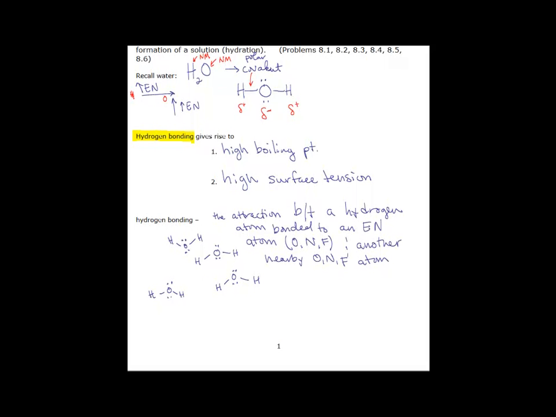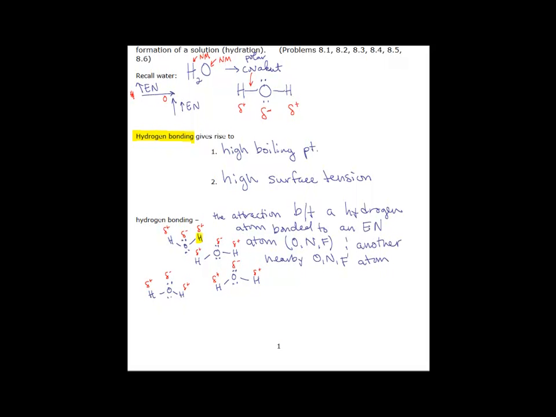Okay, I'm going to draw their polarities above them. So remember that the oxygen has a partial negative, hydrogen has a partial positive. All right, so let's look at this definition again. The attraction between a hydrogen atom bonded to an electronegative atom. I'm just going to pick out a hydrogen atom that's bonded to an electronegative atom, oxygen, nitrogen, or fluorine.